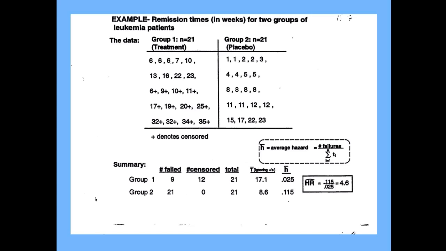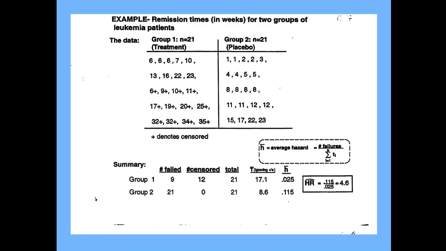And if I do that, I get 17.1. That's the average remission time using these numbers. And if I do the same for the placebo group, I get 8.6. That's what I get.